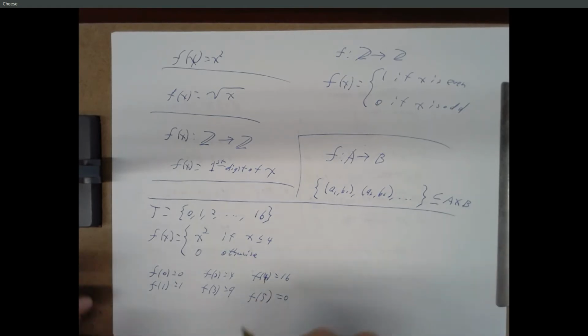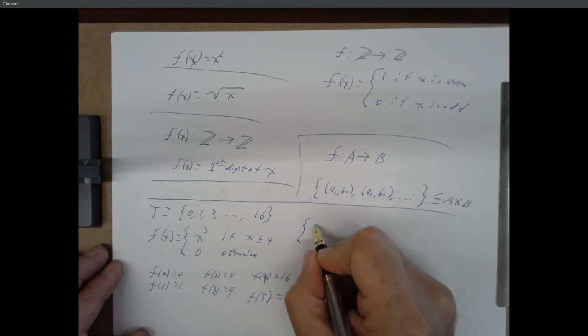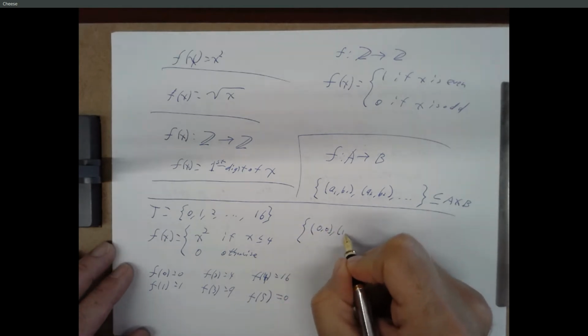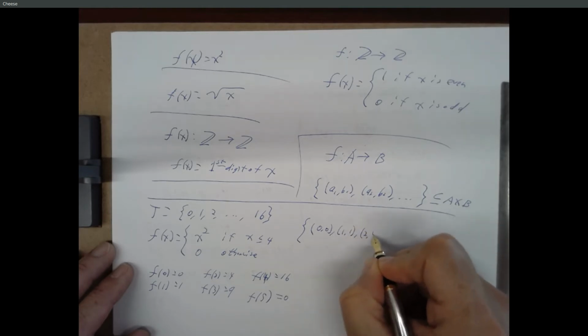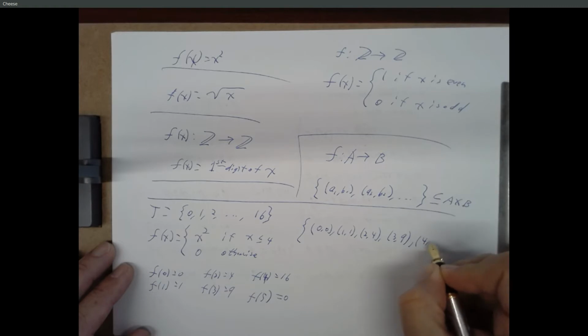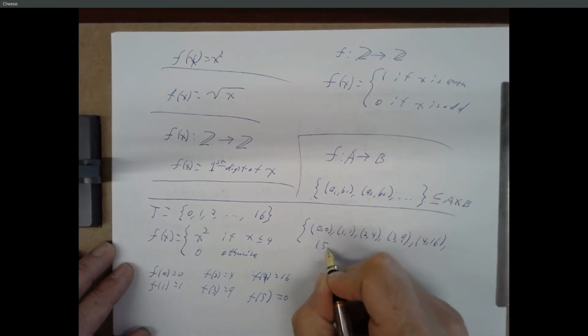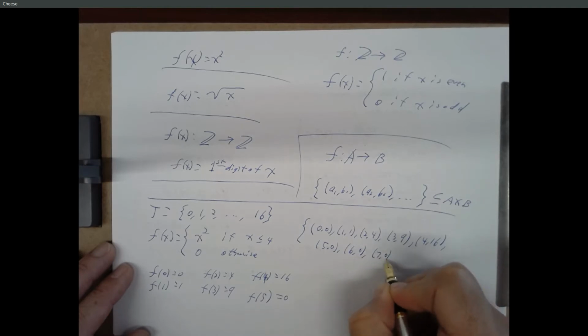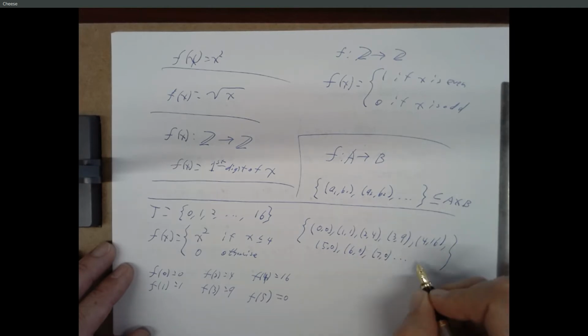So we could define this function as the following ordered pairs: (0,0), (1,1), (2,4), (3,9), (4,16), and then (5,0), (6,0), and so on.